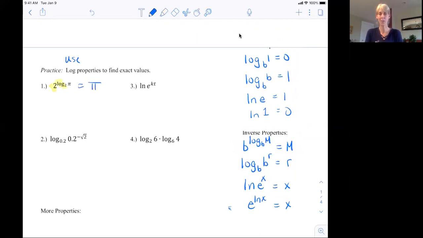No, that's kind of hard for you to see. And again, we don't use all these often. I'm just trying to get you guys to see certain things here. ln of e to the kt. Remember, as I look down my list, I'm going to have this guy here. So my answer is just going to be the power.